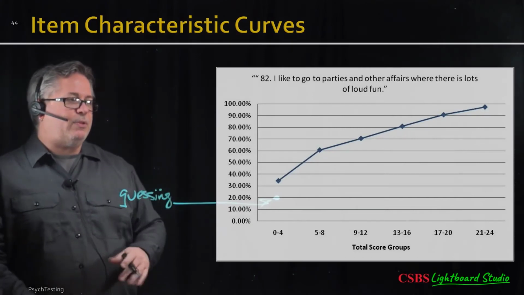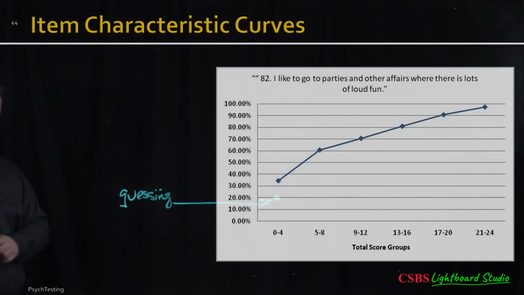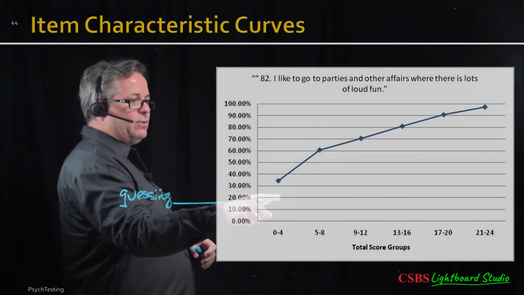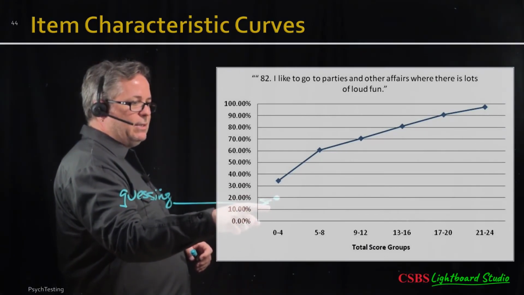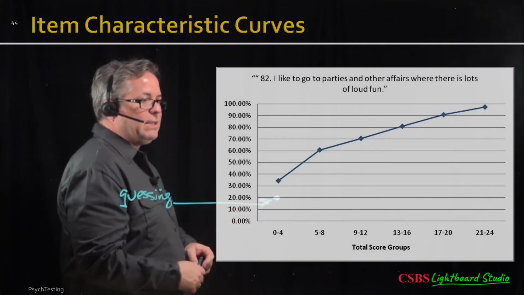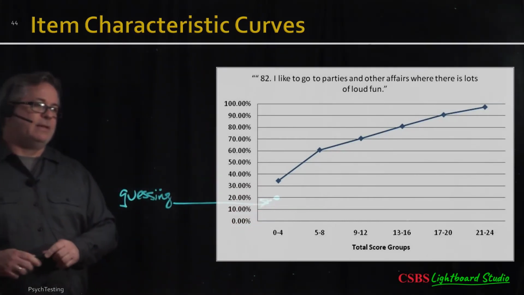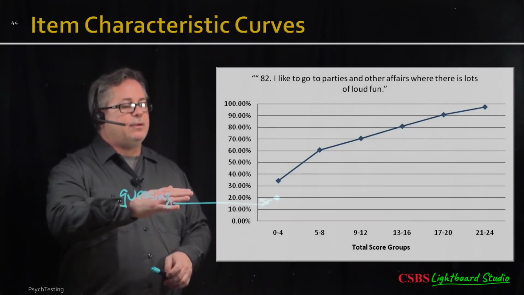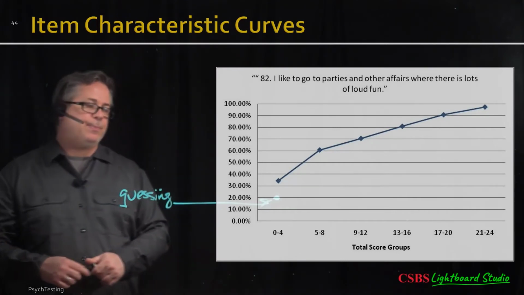Even if you have someone with no ability, if they're taking a multiple choice test where it's either correct or incorrect, they may have a 0.2 or 20% chance of getting the item correct just by accident if they guess. So that gap sometimes will represent guessing. Here, I think it just represents the fact that the item is so easy that the line never really goes down to 0.